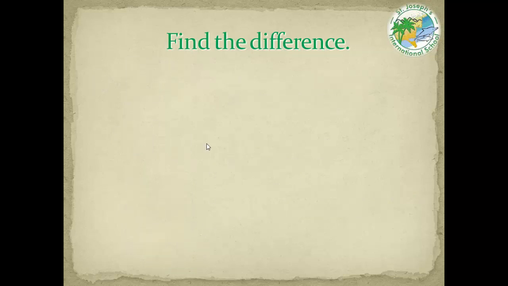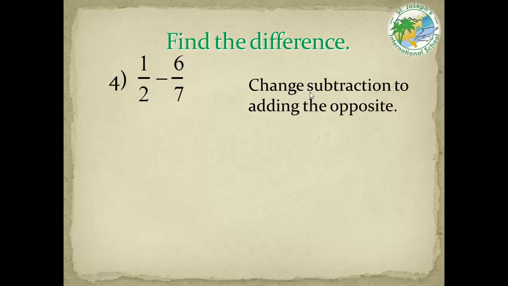Find the difference: 1 over 2 minus 6 over 7. Change subtraction to adding the opposite. We can write plus, bracket, and we write negative.